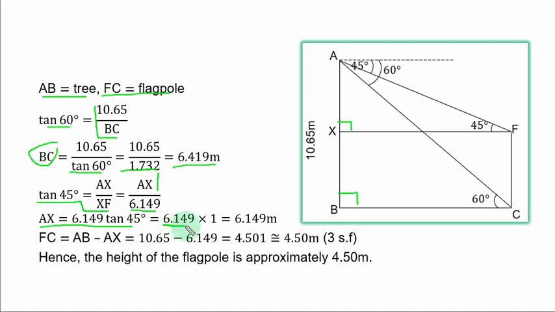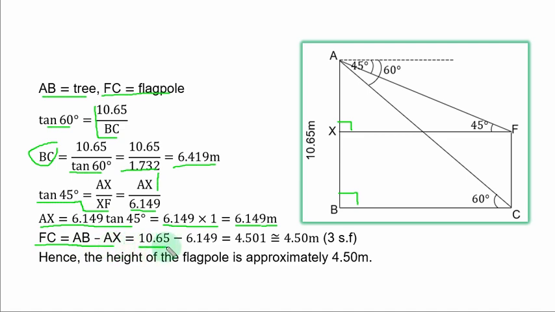You have 6.149 times 1, and that is 6.149 meters. Now FC, that is BS, is simply equal to AB minus AS.